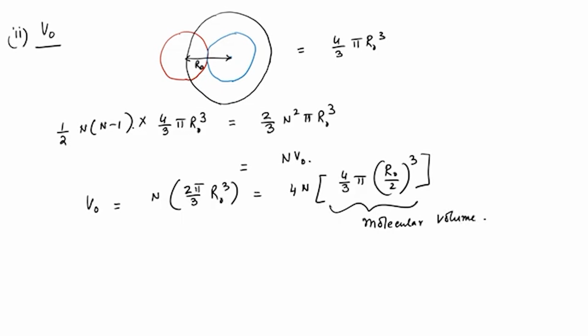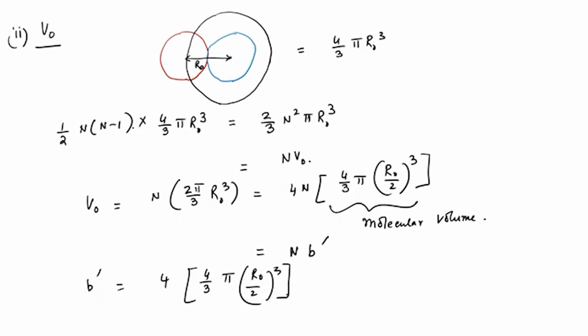Of course, as you see, it is half of that distance which is shown here, and this is nothing but N b prime, where b prime is equal to 4 times the molecular volume that you see here. So, that is your b prime.